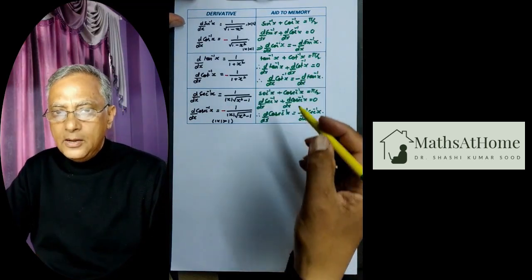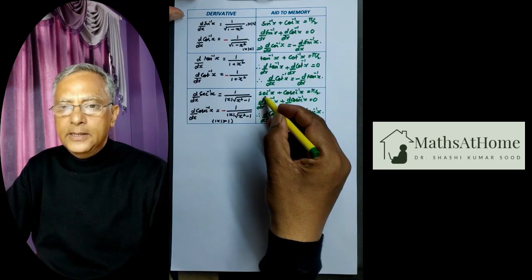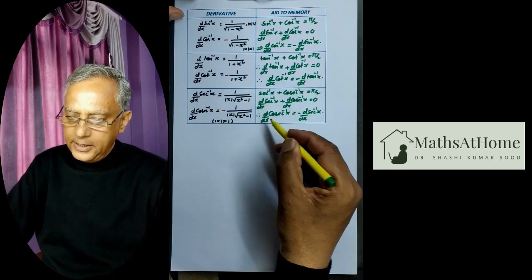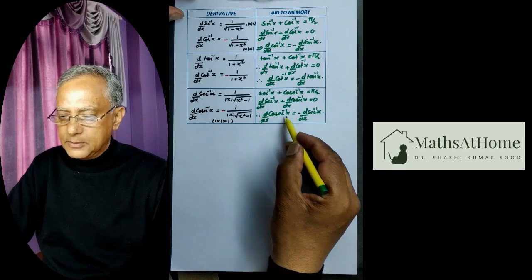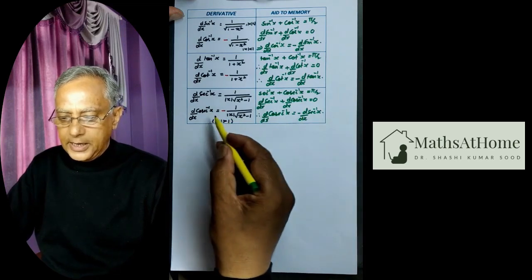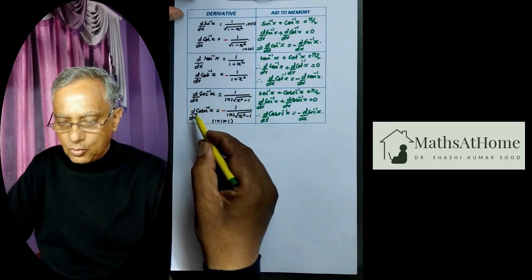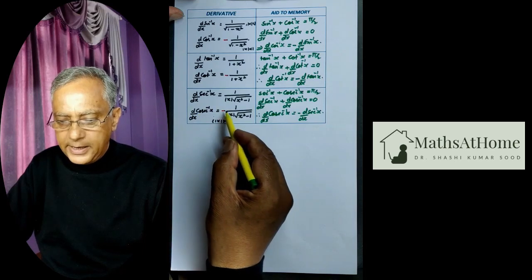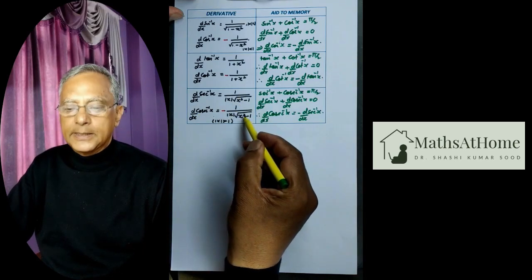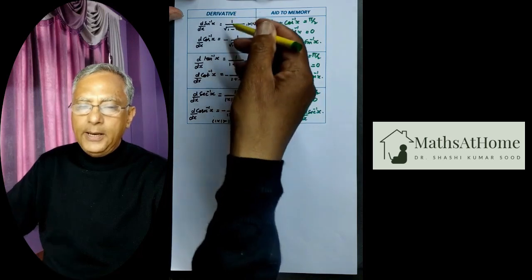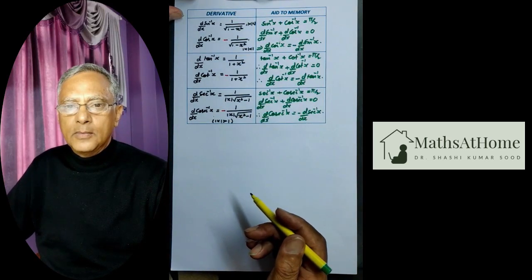And similarly, for secant and cosecant, d by dx of cosecant inverse x is minus d by dx of secant inverse x. And you can memorize these results.